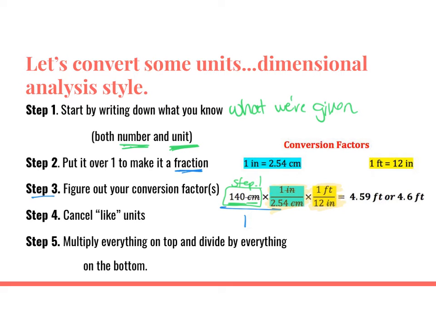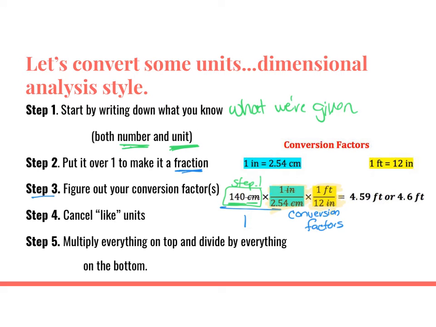We know that for every foot it's 12 inches, and most of you will probably know that 1 inch is 2.54 centimeters, but those are what we call the conversion factors. They actually simplify down to being 1.